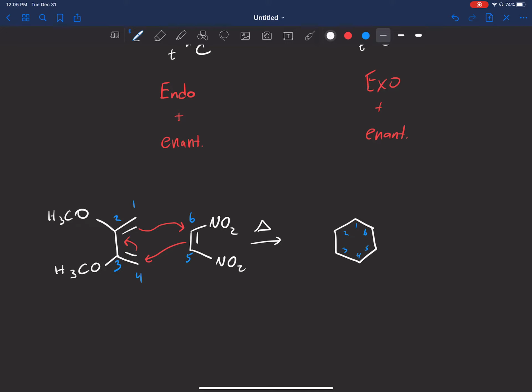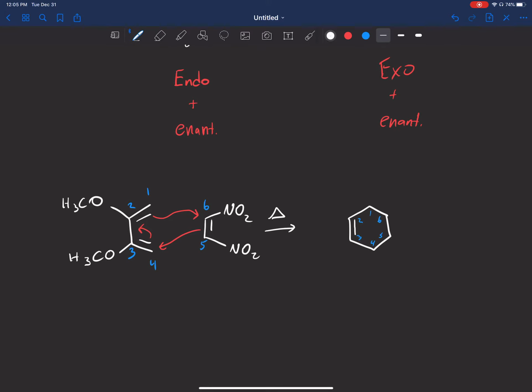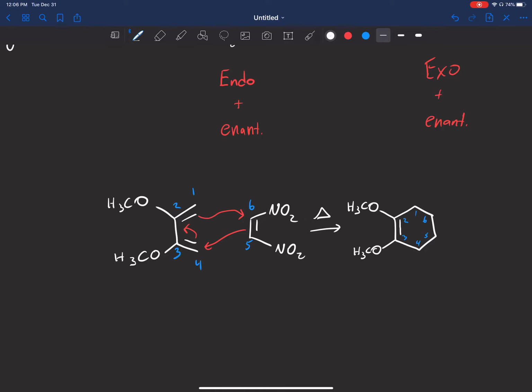All right, so we know that carbons 2 and 3 get the double bond, so just draw that line there. Carbons 2 and 3 had OCH3 groups, so let's put them like this. And before I even look at stereochemistry, I always like to draw everything planar, just so I have all the regiochemistry correct. In this case, I didn't need to worry about where the partial positive and negative are, because this is symmetrical, and this is symmetrical.